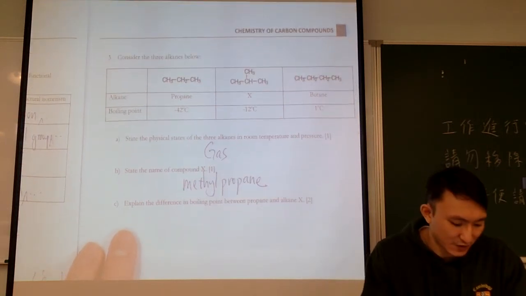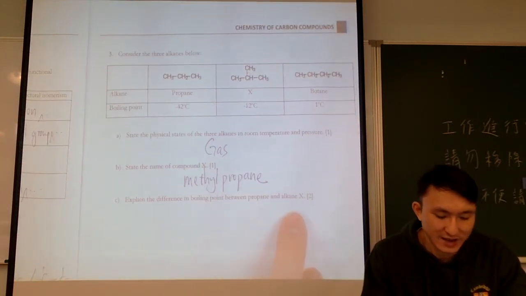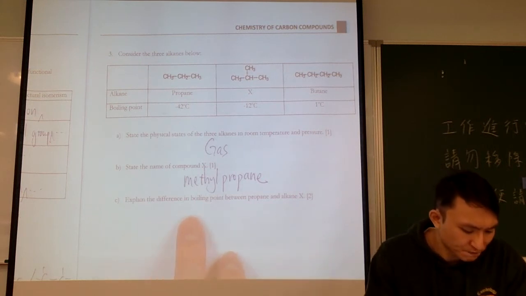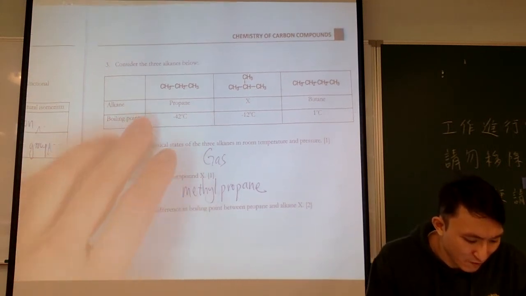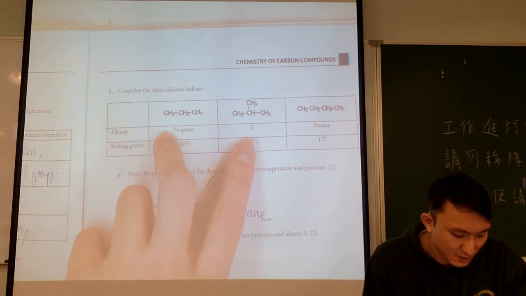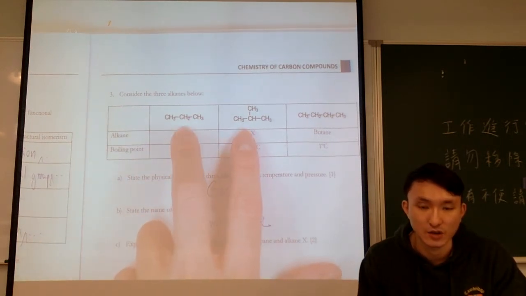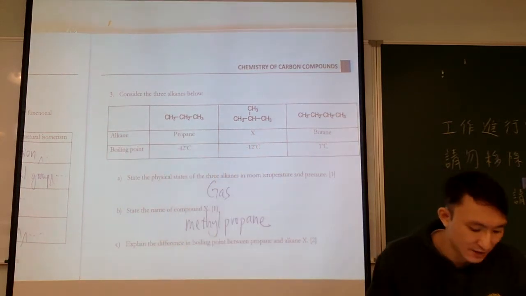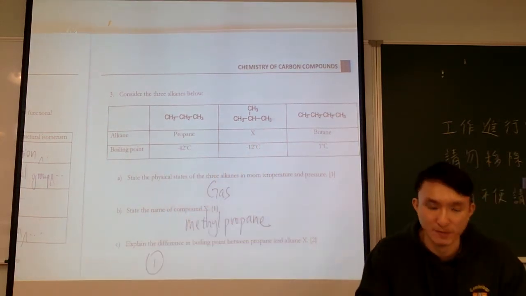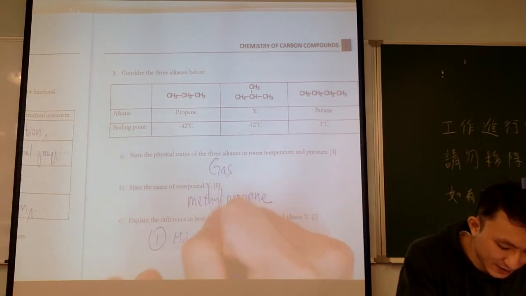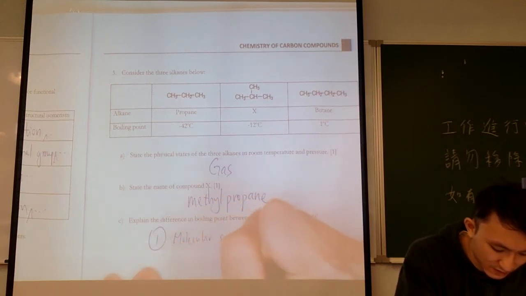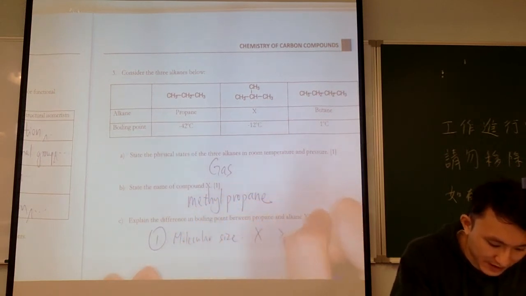Explain the difference in boiling point between propane and alkane X. So, this one is easy because they have different numbers of carbons. So you can simply look at the size, and here I just put down brief remarks. The molecular size of X is bigger than propane.